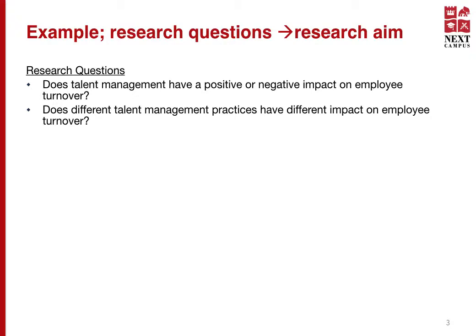By now, you would have realized there are two concepts in these research questions. The first concept is talent management, and the second concept is employee turnover. Both research questions try to look at what type of impact or relationship talent management has on employee turnover. Now let's look at the research aim.